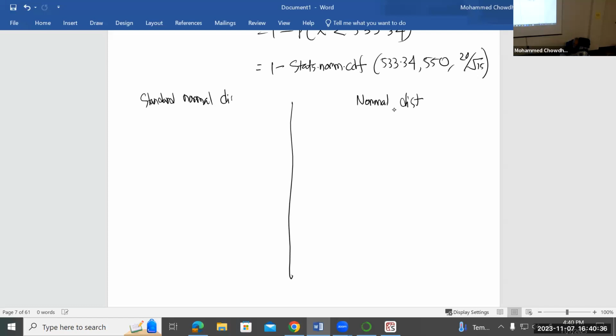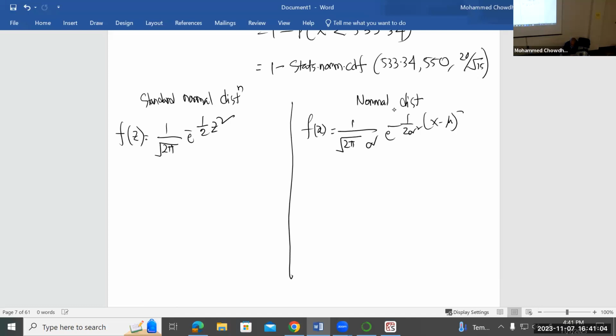This is a mathematical formula, 1 over square root of 2 pi e to the power minus half z squared, which you never need to solve for any type of problem. You are going to use either a table or Python. And this is the general formula with sigma and minus x minus mu squared over 2 sigma squared.